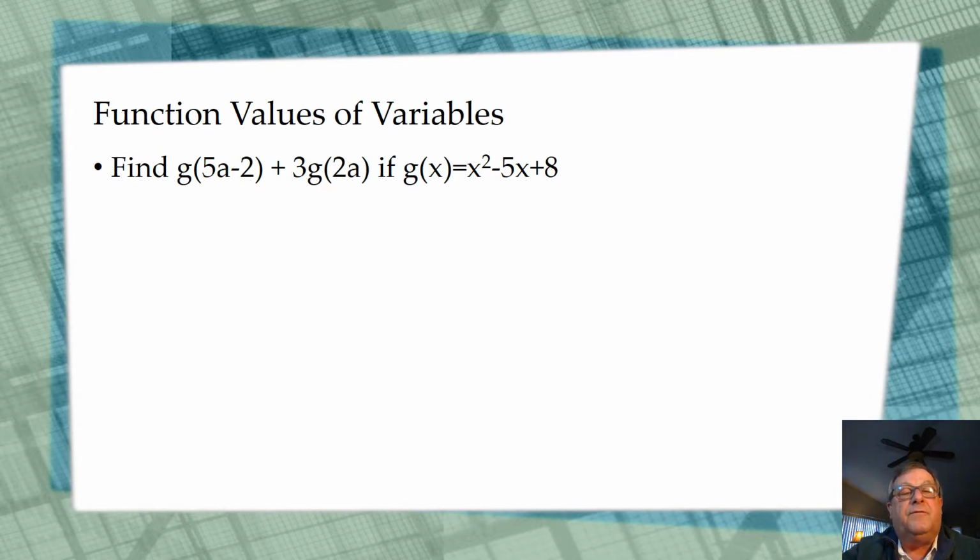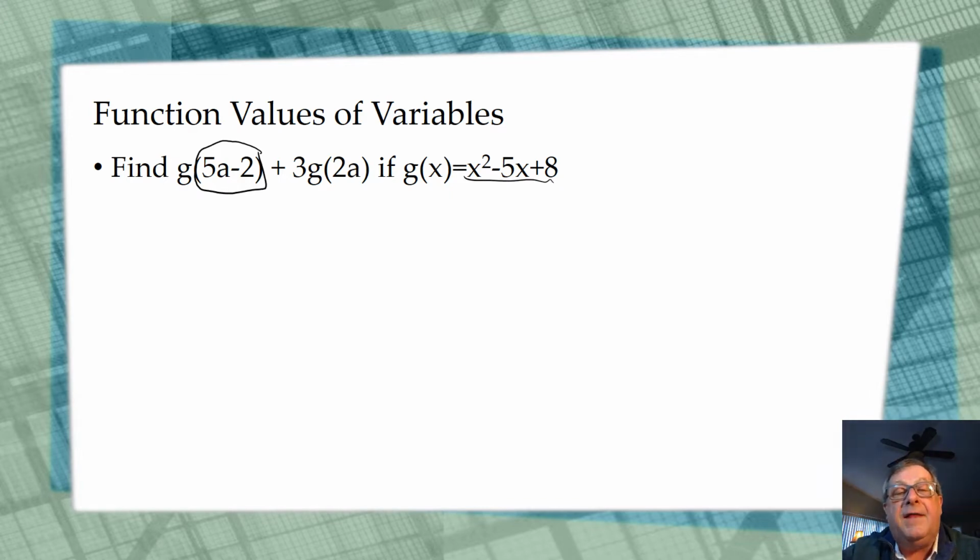Find g of 5a minus 2 plus 3g of 2a if g of x equals x squared minus 5x plus 8. What we've got to do is substitute in 5a minus 2 for x into this function equation.